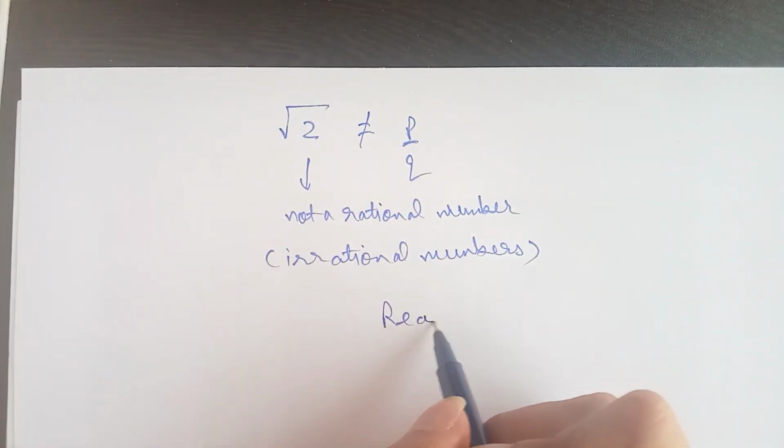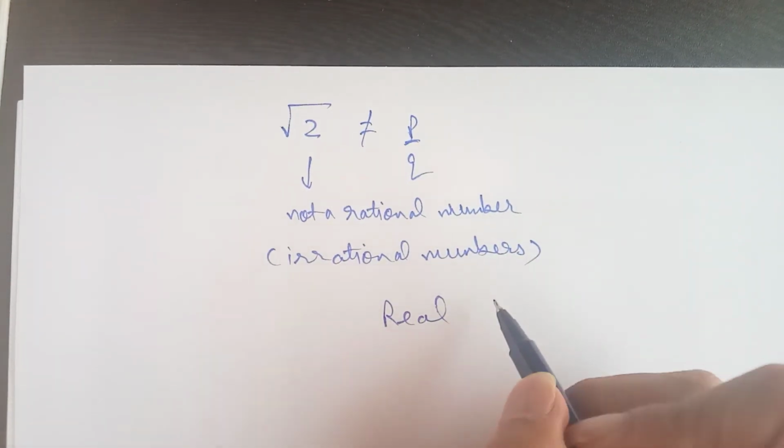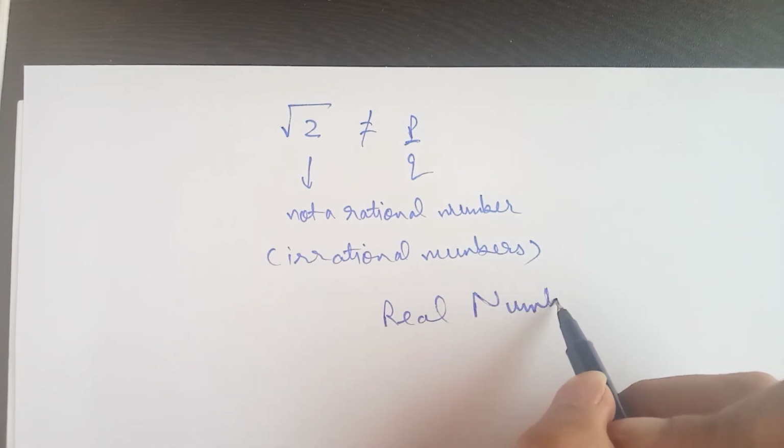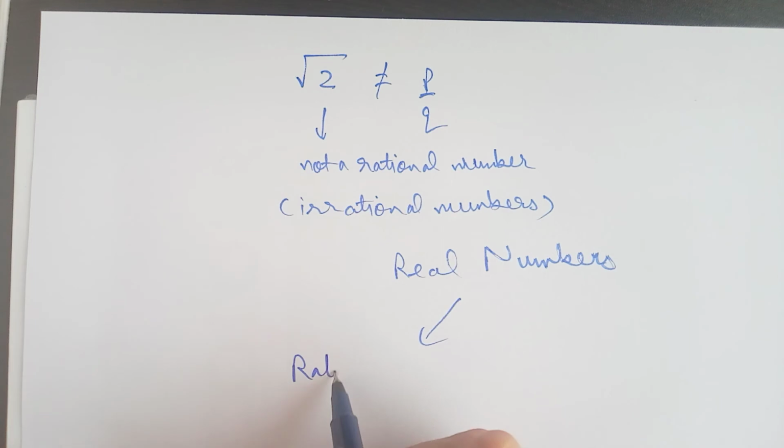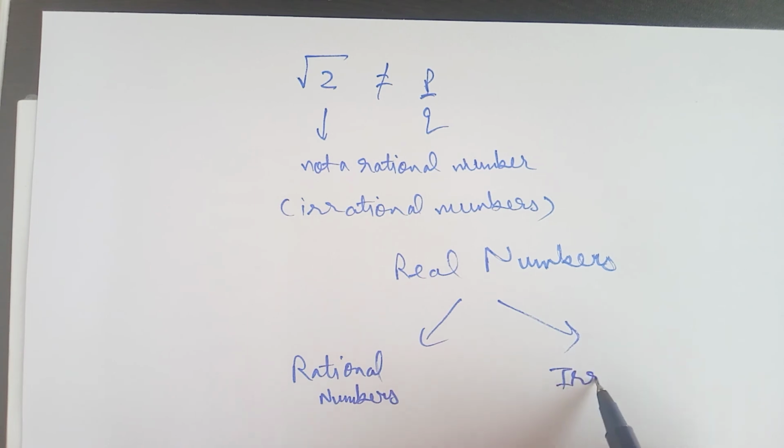So I'll write this again. Real numbers can be broadly classified into two categories: rational numbers and irrational numbers.